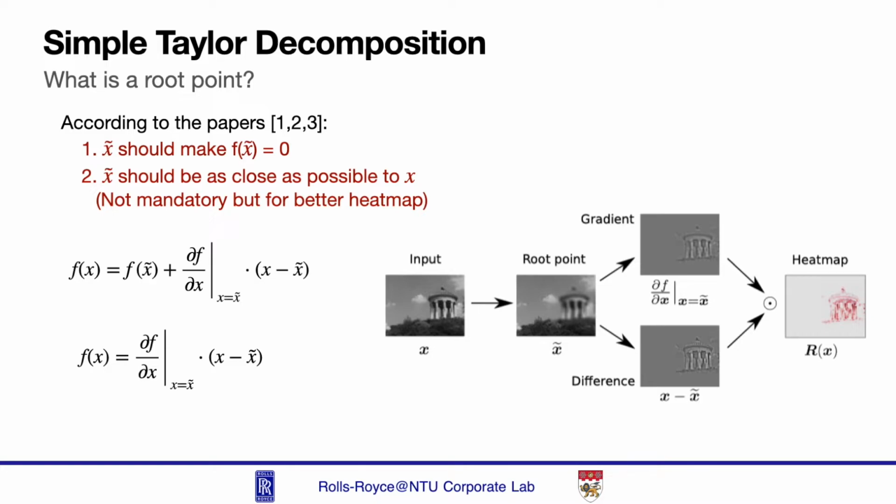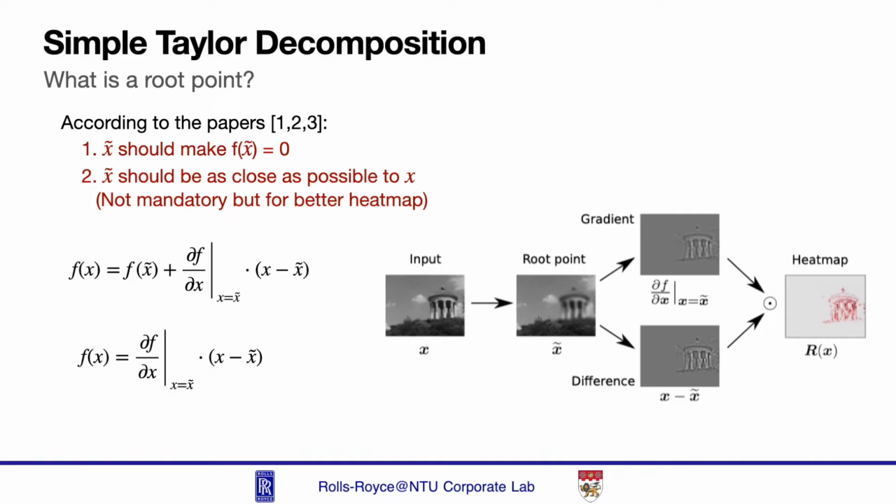So the difference will be this building only. Imagine if we have a random root point, we cannot get the difference as only the object of interest. We can get something else, some random difference. But if we find a good root point, we can get a good difference.